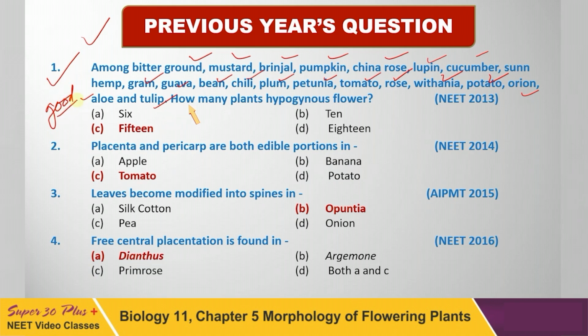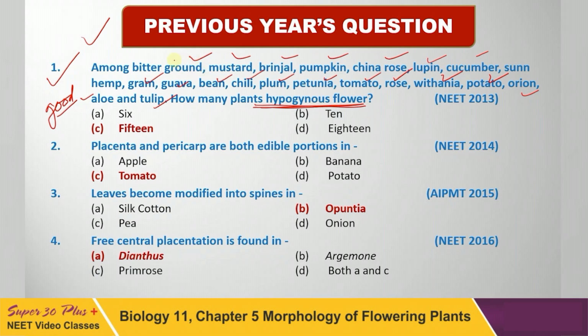How many plants are with hypogynous flowers? Remember this thing, hypogynous flower. You have 3 families in your course, that is Fabaceae, Solanaceae and Liliaceae. You have to find out how many plants belong to these families, and those will have hypogynous flowers.